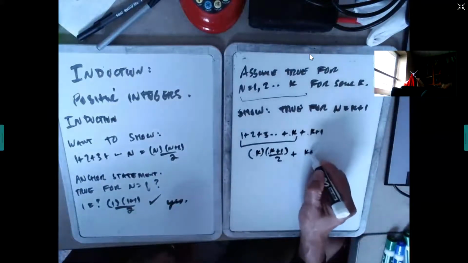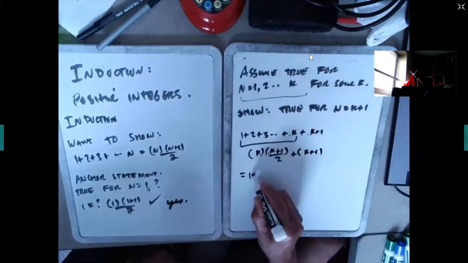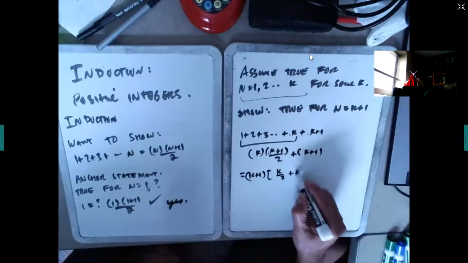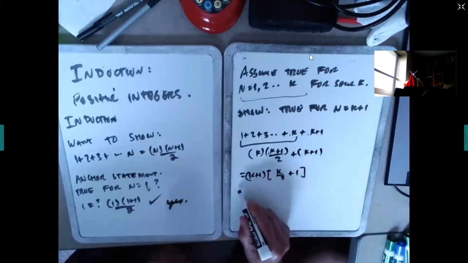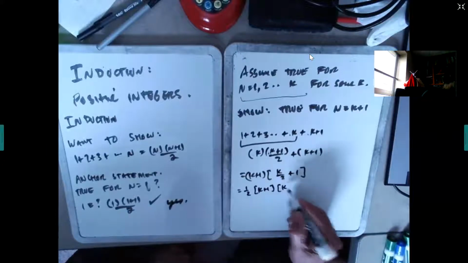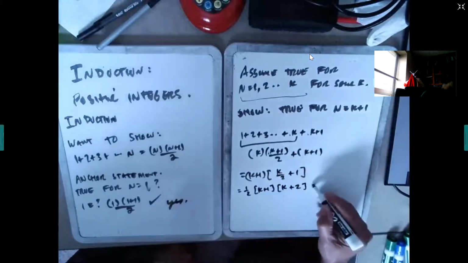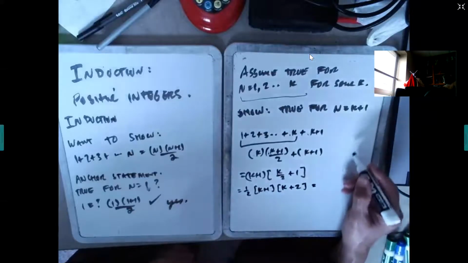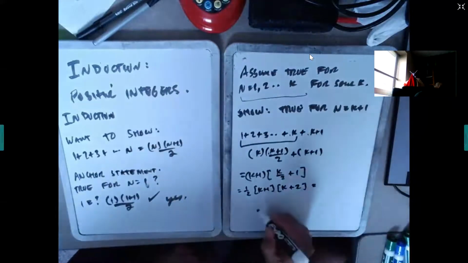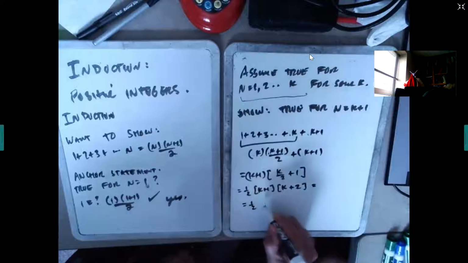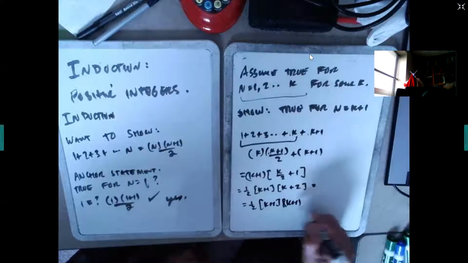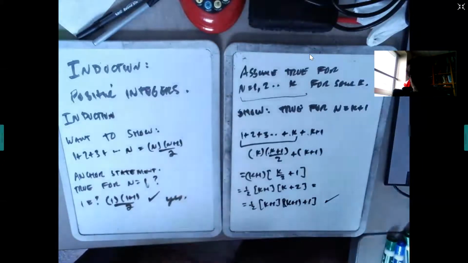Then you add k plus 1, and doing a little bit of algebra, factor out a k plus 1, we get k over 2 plus 1, factor out a 1/2, so we're left with k plus 2, which is in fact what we want to show: that if you plug in k plus 1, you get (k plus 1) times (k plus 1 plus 1) over 2. So that's how you use it practically.